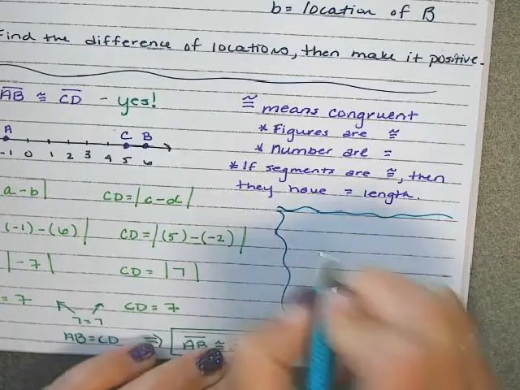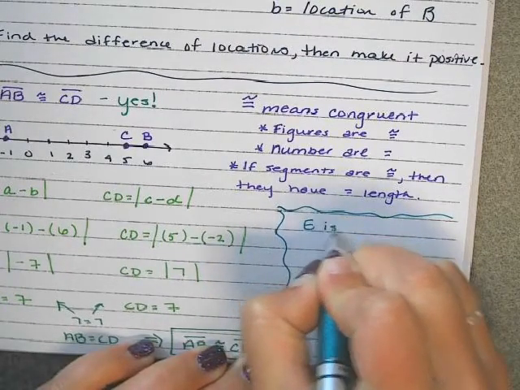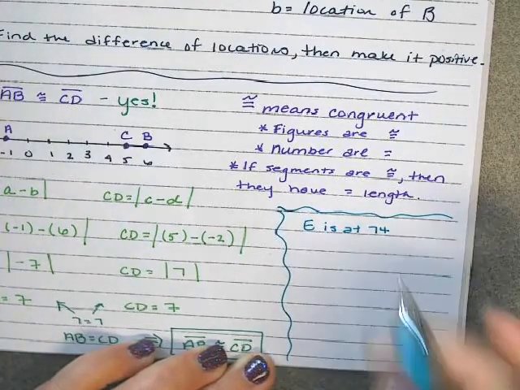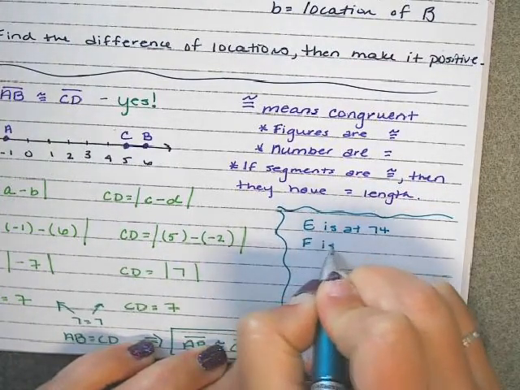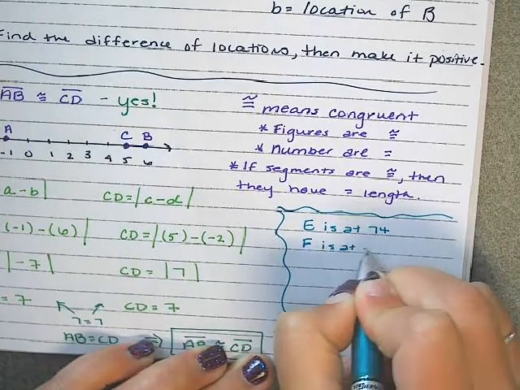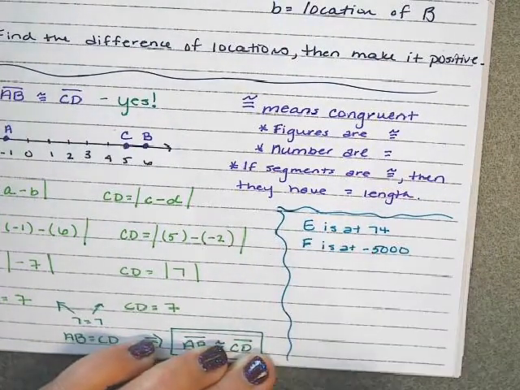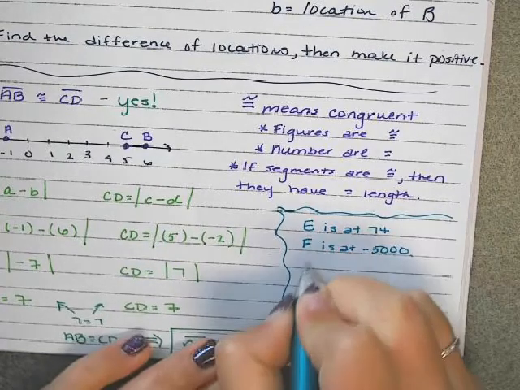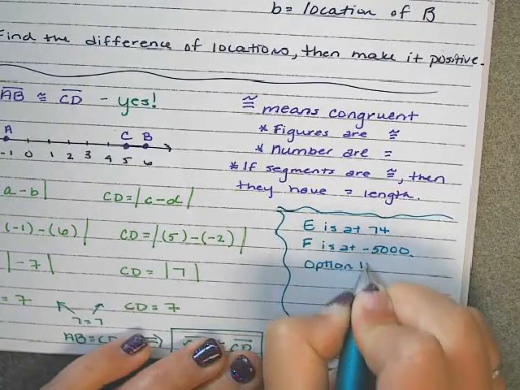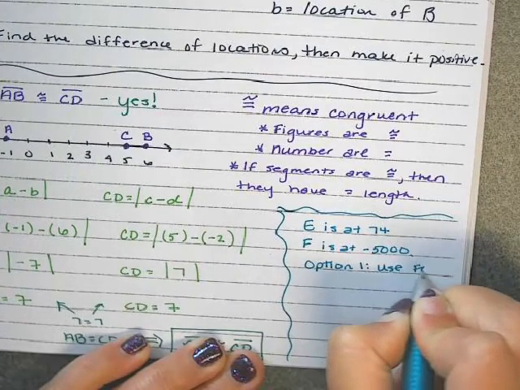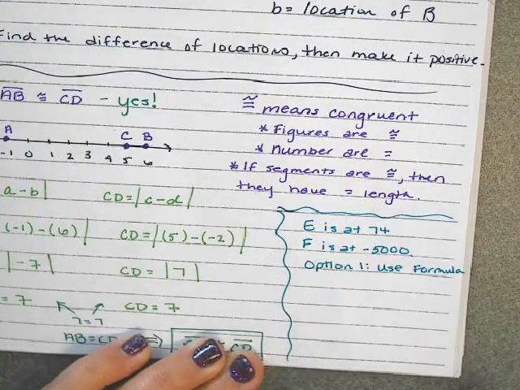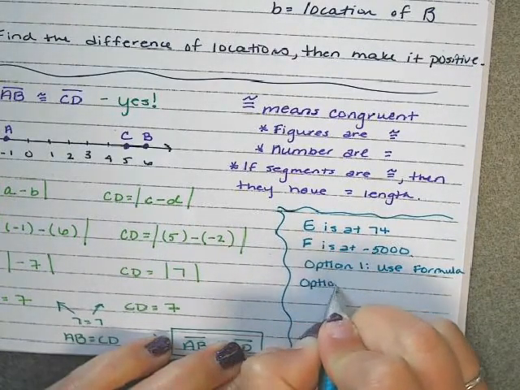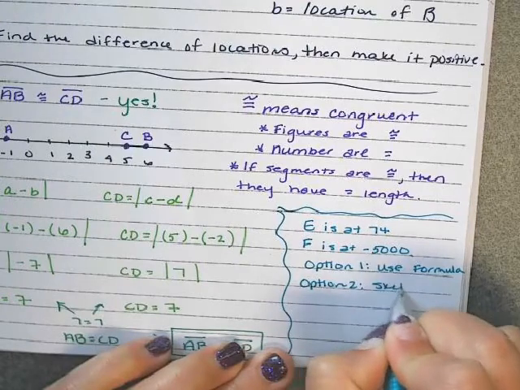If I had that E is at 74, F is at -5,000. Okay. You have two options here. Option 1, use the formula. Use the equation that we just worked with. Option 2 is to sketch it.